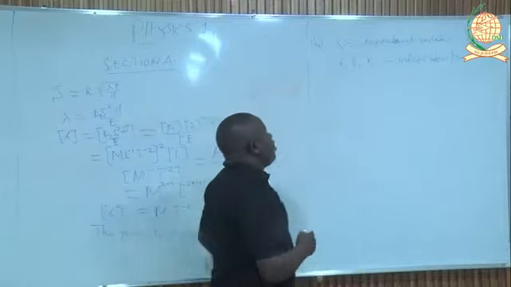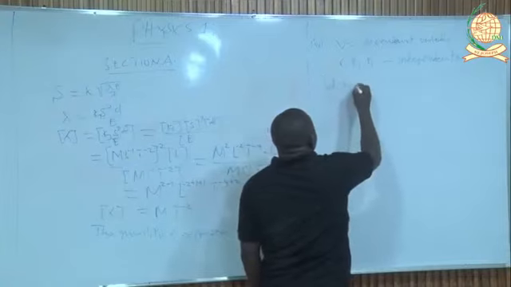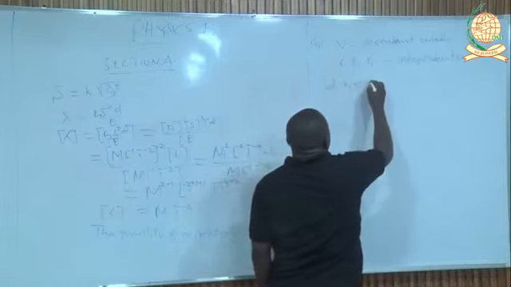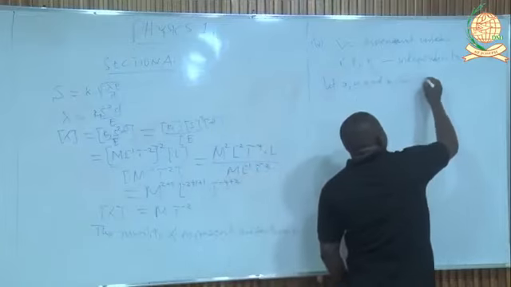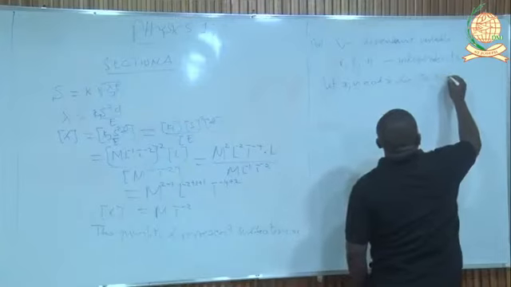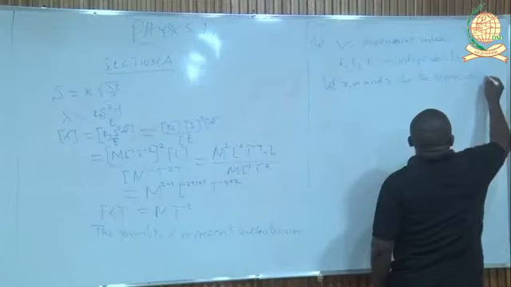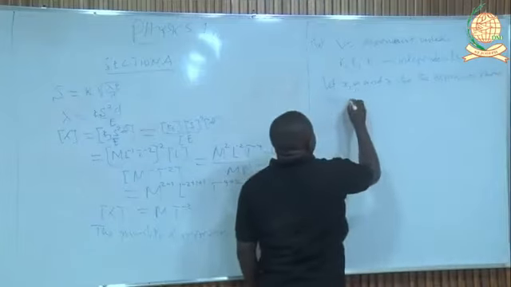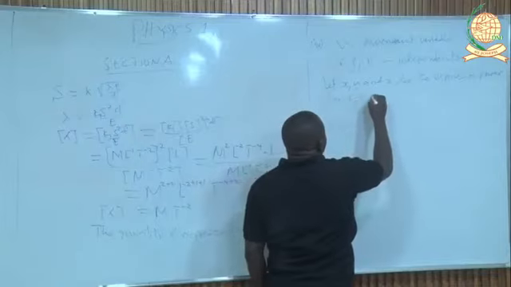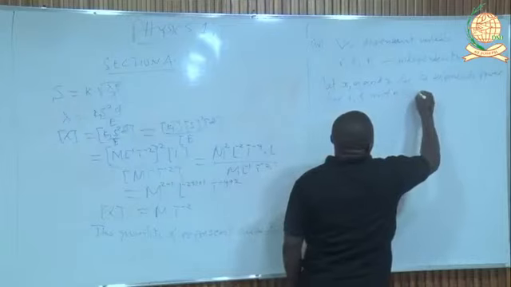So procedure number 1: first let x, y, and z be the exponents of power for r, rho, and eta respectively.